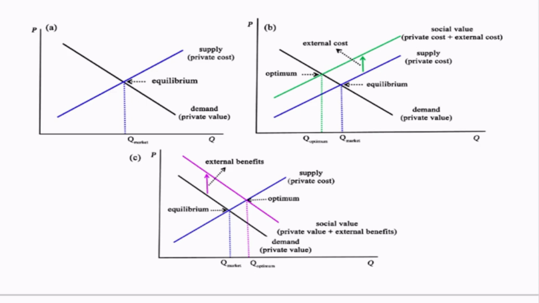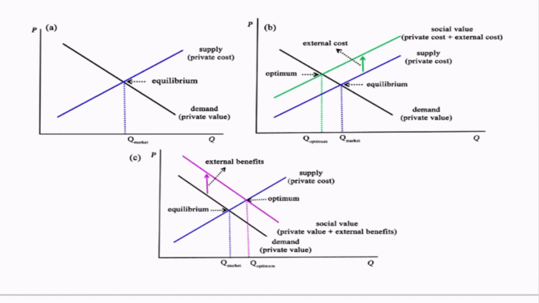Let us say that it is 75 vaccines. From 50 vaccines to 75 vaccines, the production has shifted if we consider the social value. Considering the social benefit, which is going to happen because of a positive externality, the society has to actually produce more.